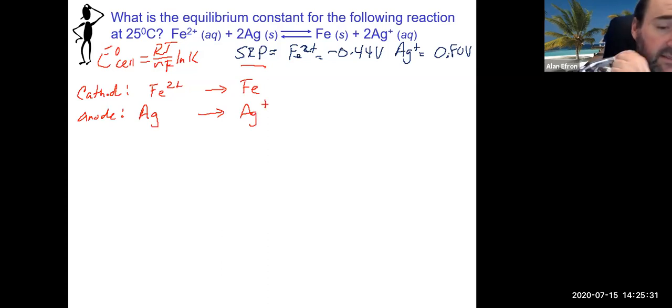So again, this is a situation that although the silver is more positive with the SRP value, if we actually look at the equation and see what's going on, the iron is going from +2 to 0, which means it is going to be reduced. It's heading in that direction in terms of that number line. The silver is going from an oxidation state of 0 to +1, which means it is being oxidized in our anode. So again, because we were given the overall equation here, we do need to see what is being oxidized and what is being reduced, and that will give us the proper cathode and anode.